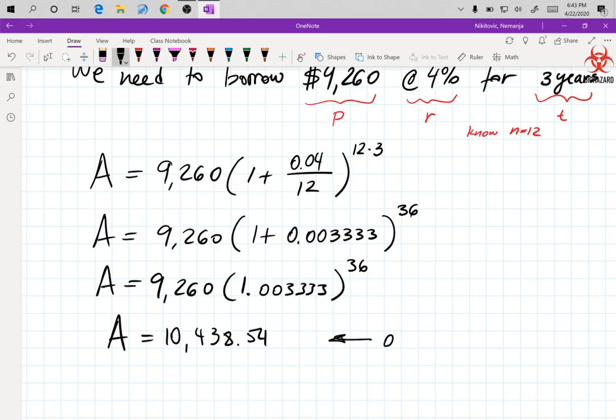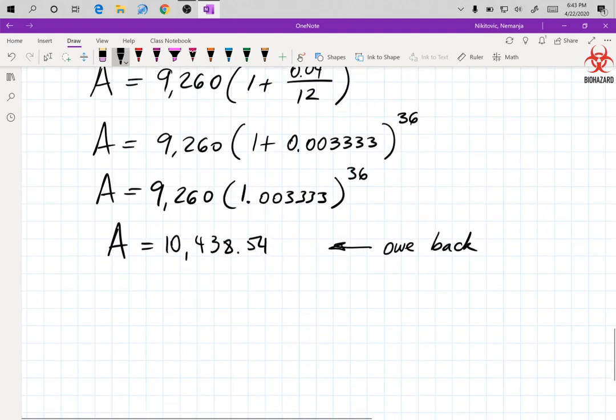This is how much you owe back to the bank. So you walked in to buy an $8,000 car with nothing for down payment, right? And this is how much you have to give back. Now, what's the monthly payment?